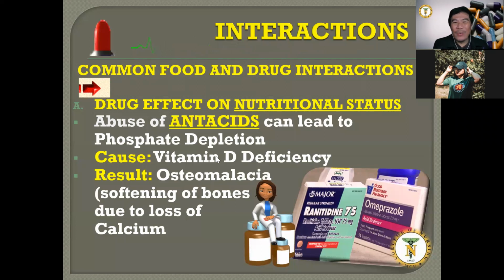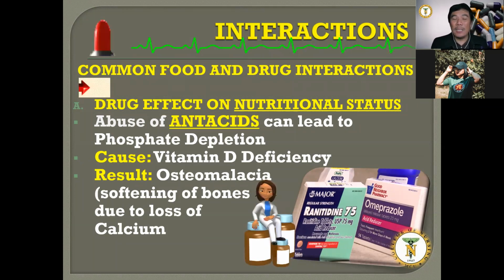Okay. So now we are talking about the topic on drug interactions which may significantly affect nutritional status. So antacids. Examples of these drugs are magnesium hydroxide, aluminum hydroxide, Maalox, simethicone, Gabascon.